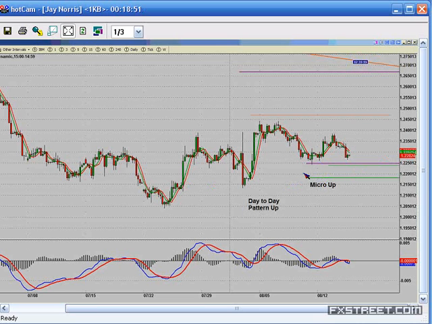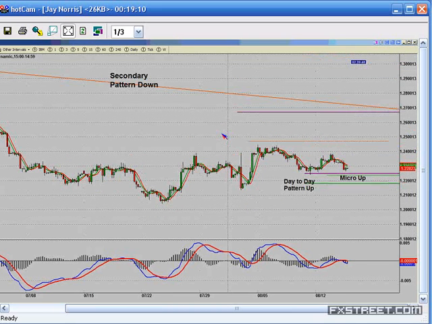The day-to-day pattern is right there, and that micro pattern is actually right there. So the euro is currently in a balanced market. Perfect timing, no surprise, you're in a balanced market in the dog days of August.